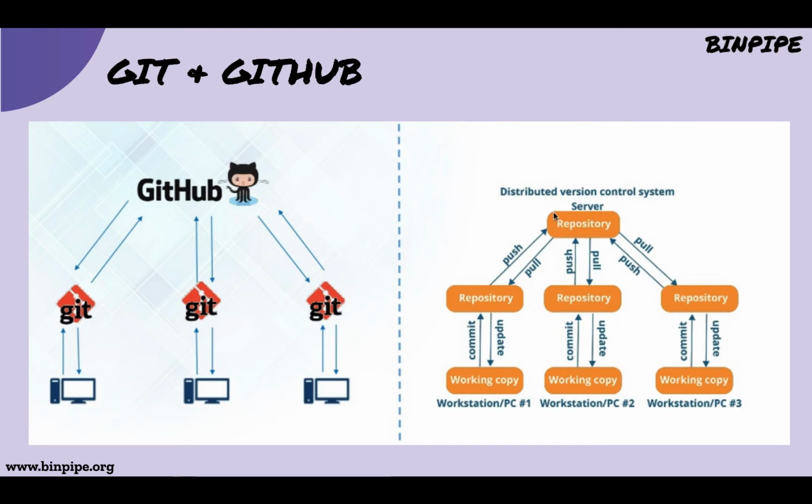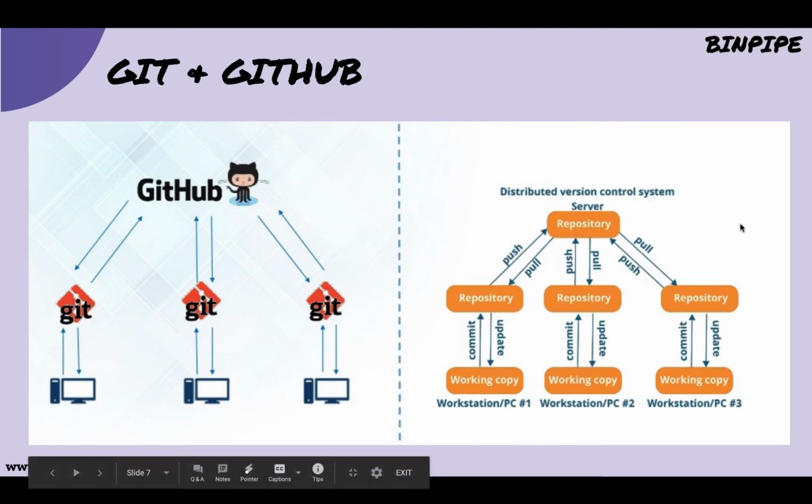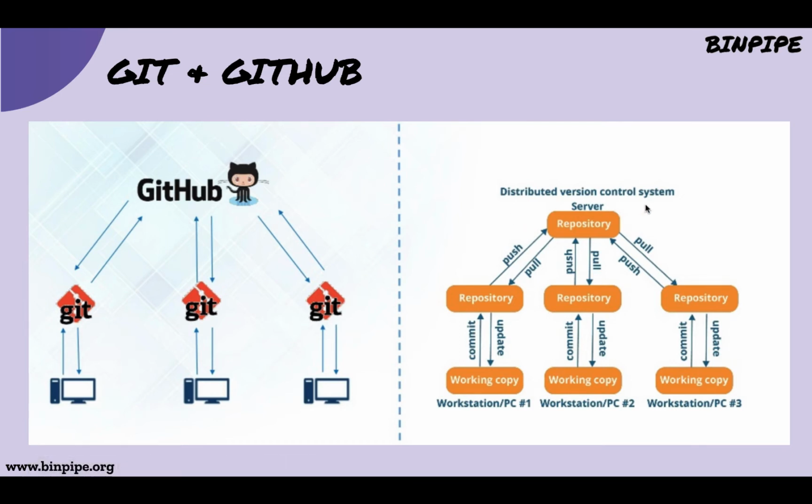So how does that work? That is depicted in the picture on your right hand side. Here we are discussing how a distributed version control system works. As I said, there are multiple repositories. One of them could be on the GitHub server, and these three are on three different developers' laptops or desktops.